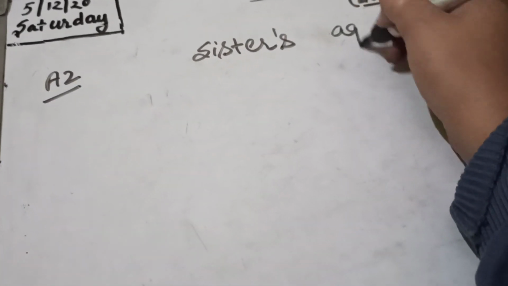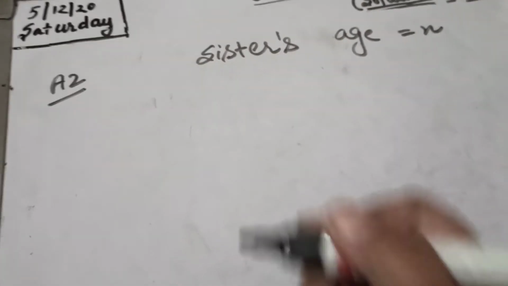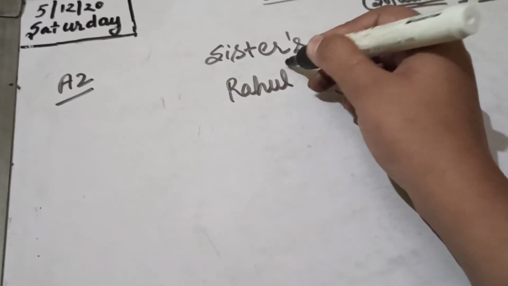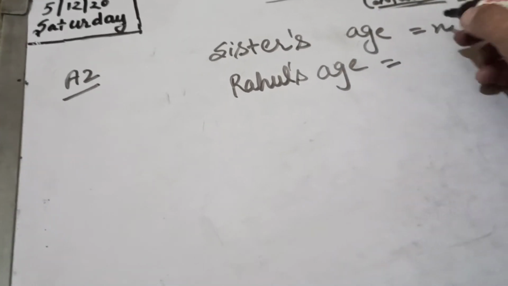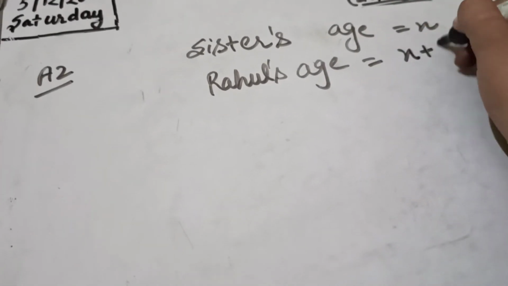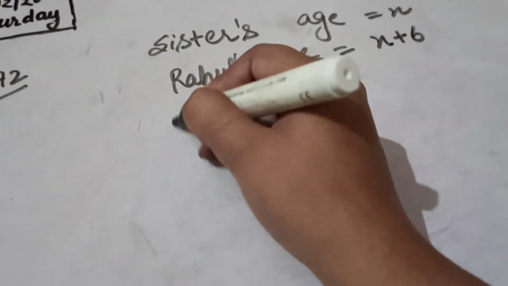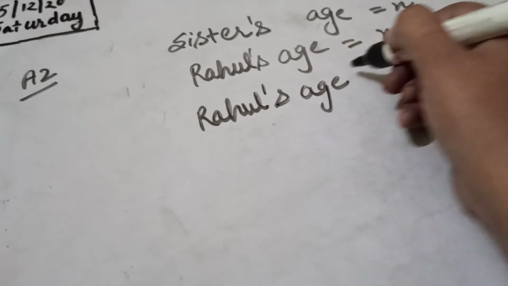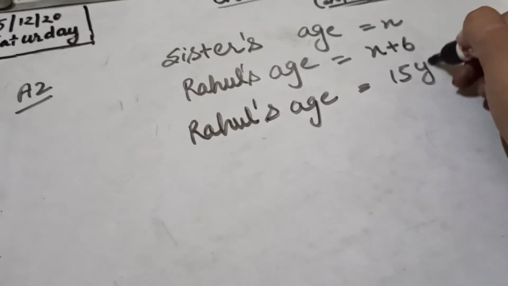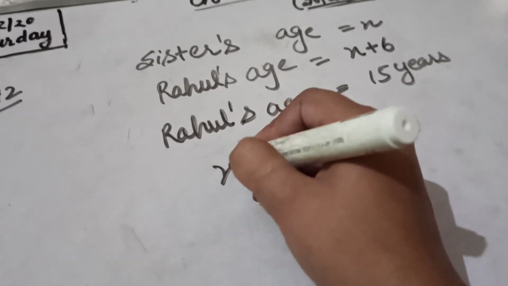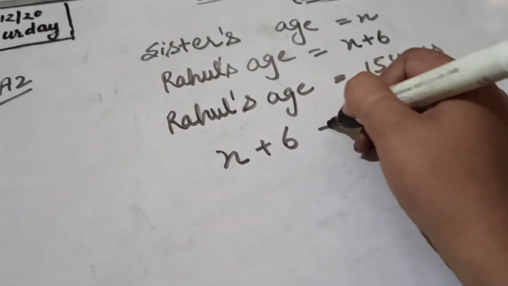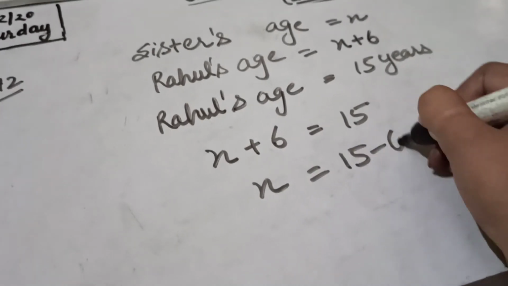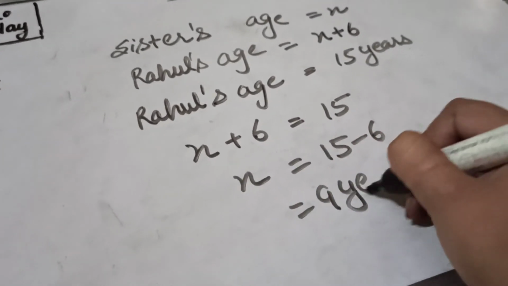Sister's age equals x. Rahul's age, 6 years older means x plus 6, and it is given that Rahul's age is 15 years, right? So we have taken Rahul's age as x plus 6 equals 15, x equals 15 minus 6 equals 9 years.